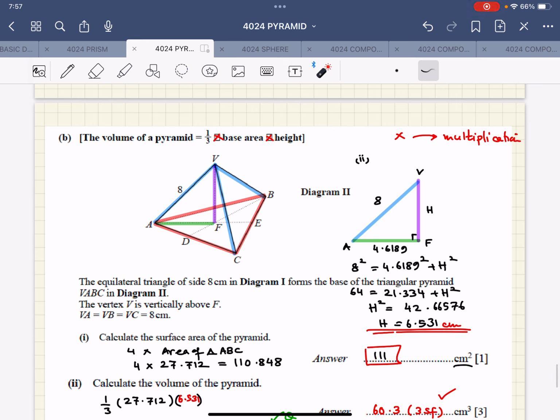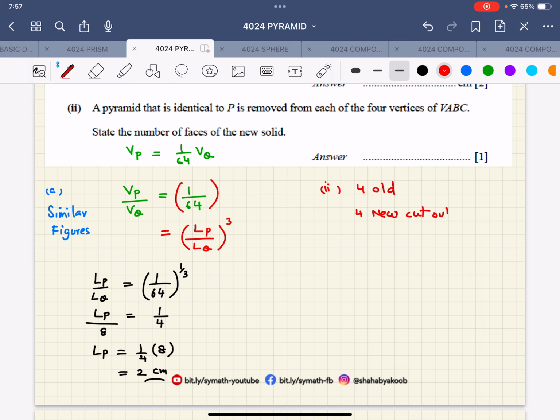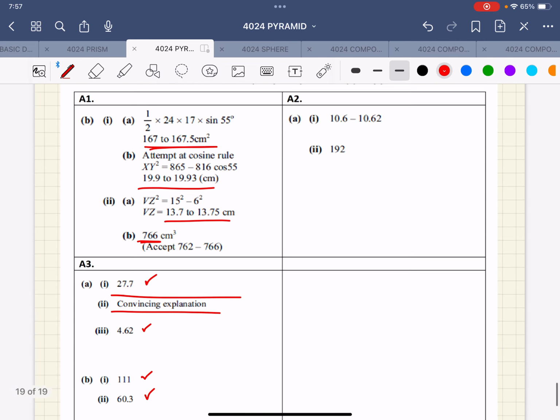When we remove a pyramid from a corner, there are already 4 faces, and now we are creating a new face at each cut. So for part 2, there were 4 old faces, 4 new cut-out faces. That adds up to 8 faces for the new solid.